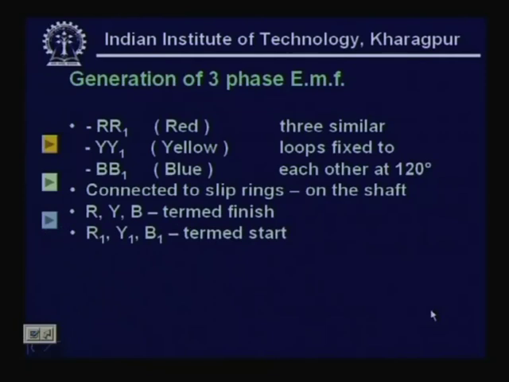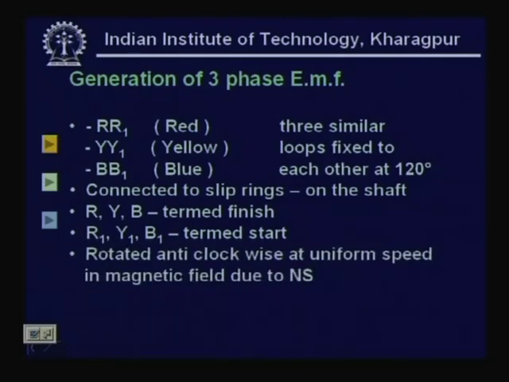Then there are finish and start terminals. Here the notation used is R, Y, B are finish terminals, R1, Y1, B1 are start terminals, and they are rotated anticlockwise at uniform speed in the magnetic field.